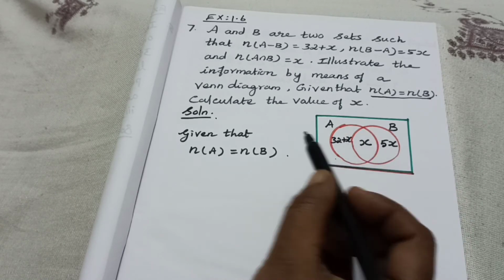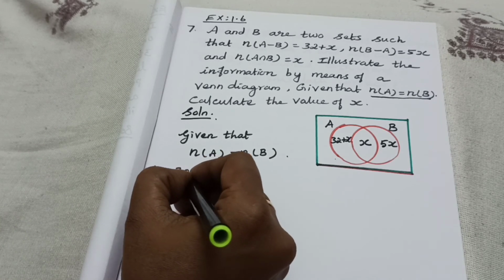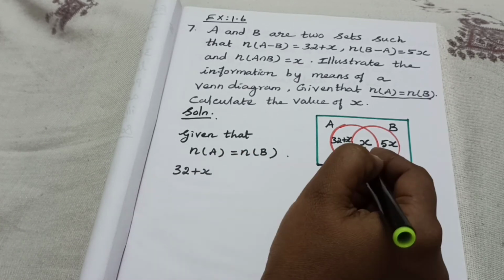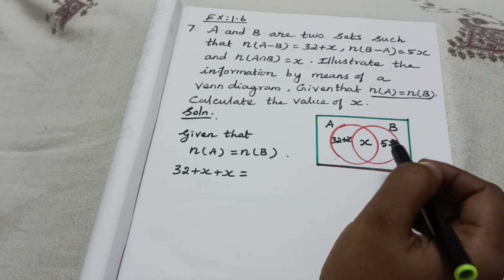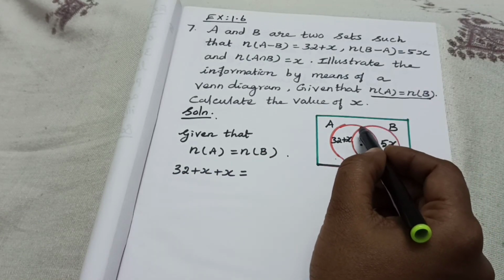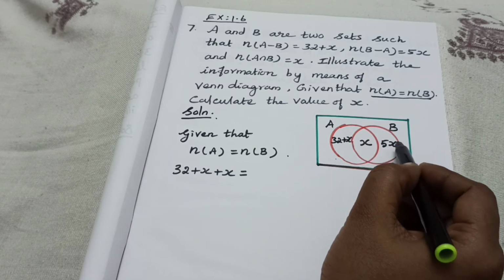Then shall we write 32 plus x plus this x also, and equal to n of B. n of B means this much fully.